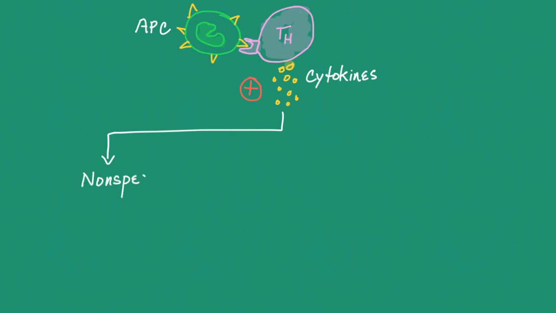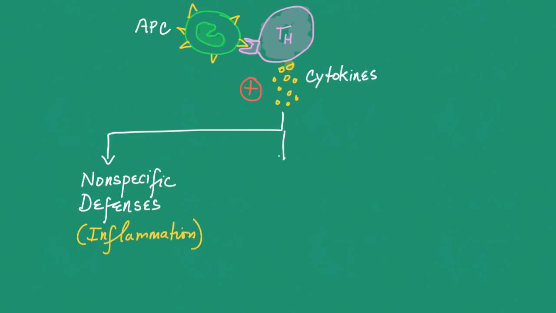So the helper T cell is something like the boss or the coordinator of the entire immune system. It enhances non-specific defenses such as inflammation. It also gives permission to the B lymphocytes to make antibodies. So it enhances antibody-mediated immunity.